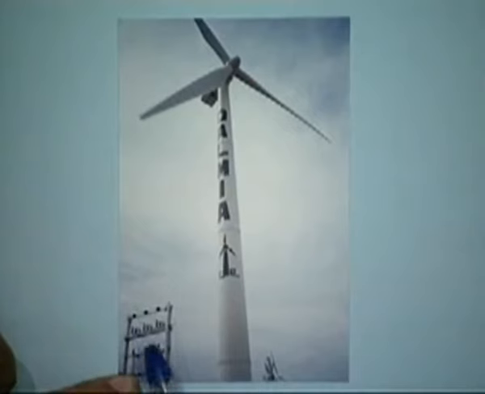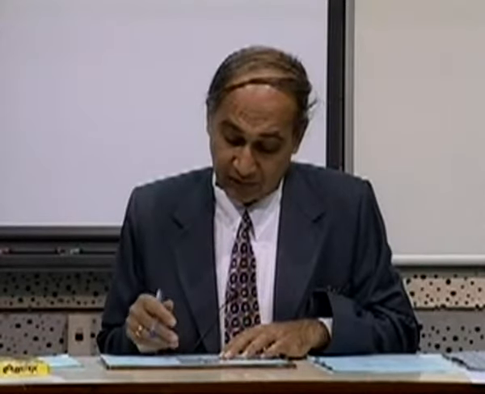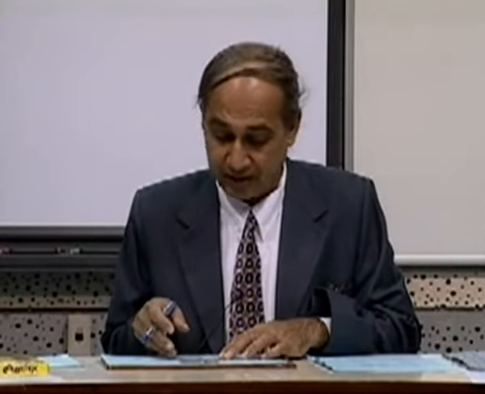This is where it's converted into 11 kV, and it's brought out. Okay, this is just to sensitize you on what is going on, and this is one of the upcoming technologies. Okay.